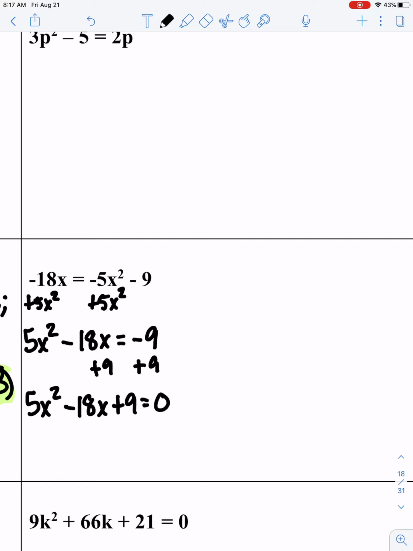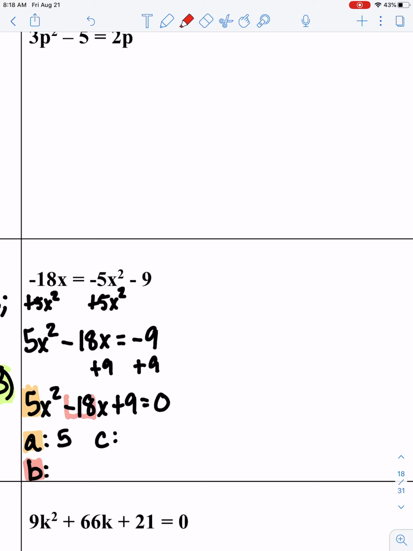Once you get it set equal to 0, find your A, find your B, find your C. A is always the coefficient beside your x squared, so 5. Your B is always the number to the left of your variable with an exponent of 1.